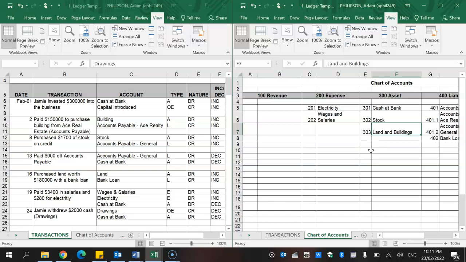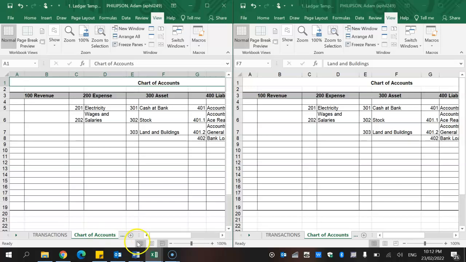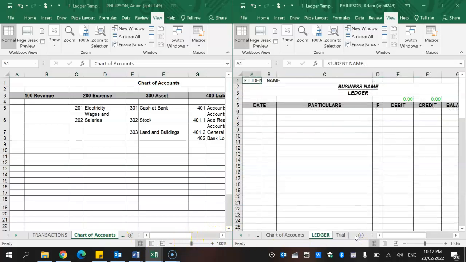What I like to do, I like to work left to right. So now I'm going to come over here and I'm going to get my chart of accounts over on the left. And I'm going to get my ledger template over on the right. Okay, so first things first, we need a business name at the top. Now we can just type in Jamie Demetriadis, okay?